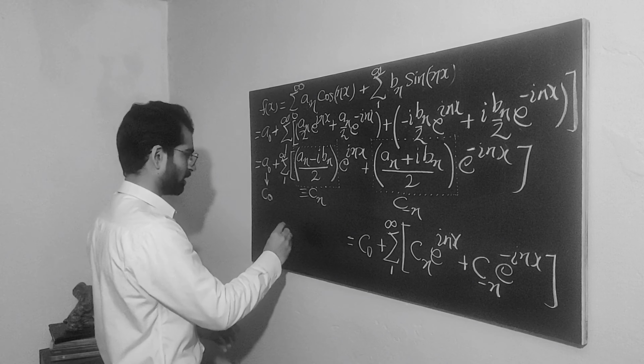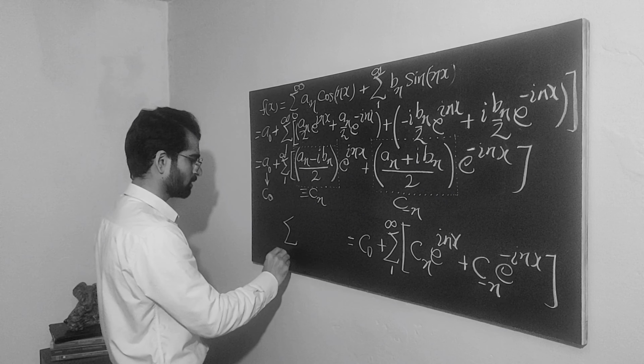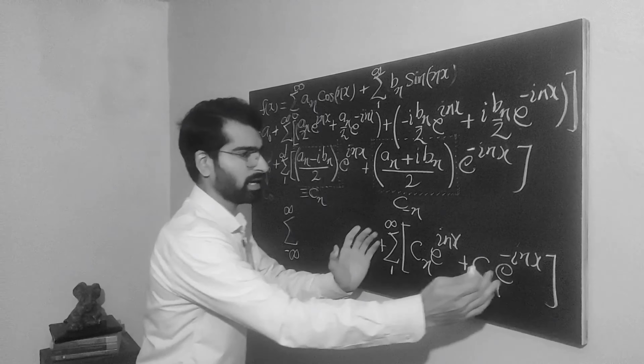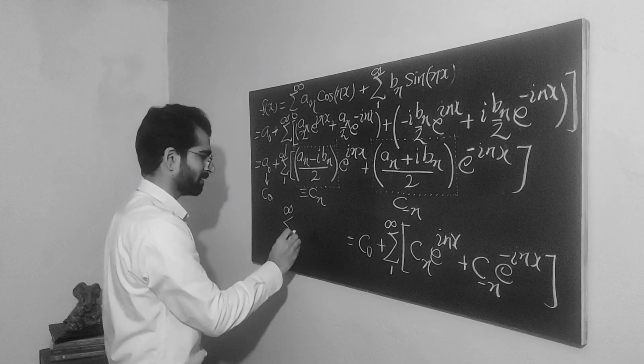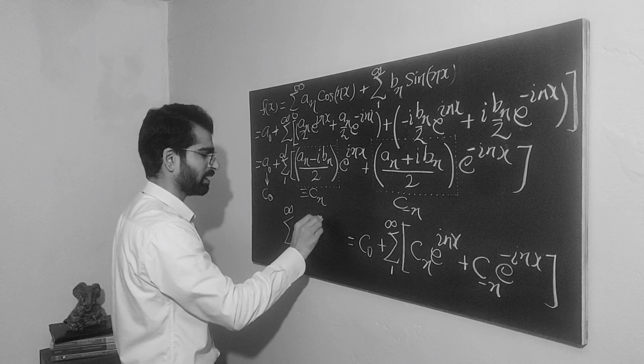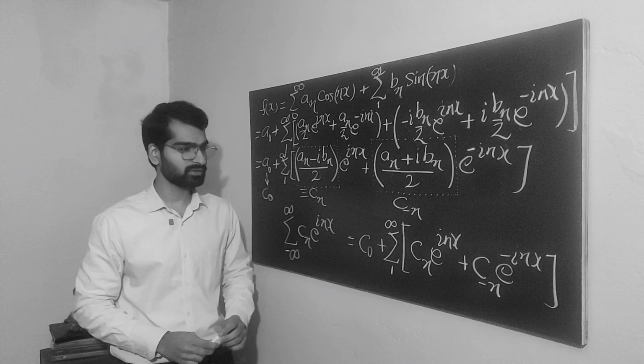So why not do the summation, since I'm getting negative values too, from minus infinity to infinity, and I absorb them. I write Cn times e to the inx, and that's it. Because whatever the information is here is also there.